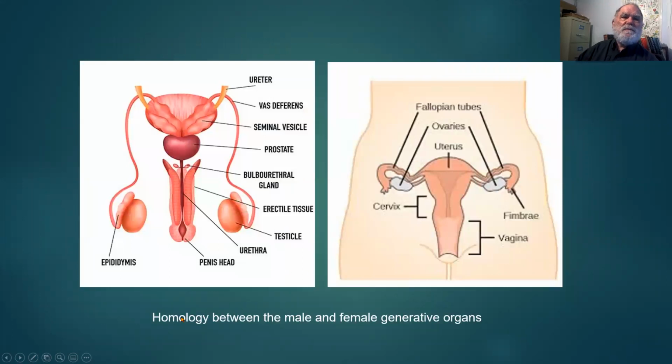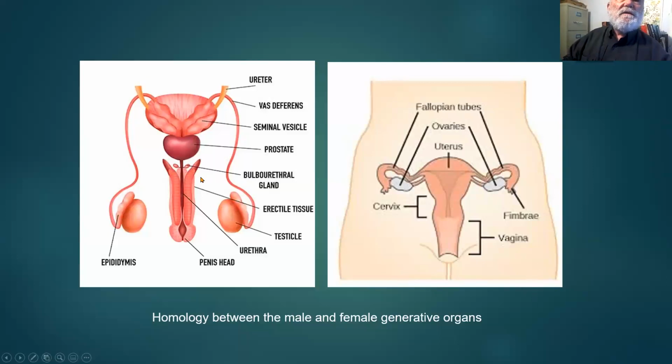And then here's some more. We use the term homology. Between a male and a female, if you have a human embryo, you can't tell whether it's male or female for a long time, right? And then they develop, and certain things develop from certain areas of the embryo. The tissues that developed are called homologs, or homologous.